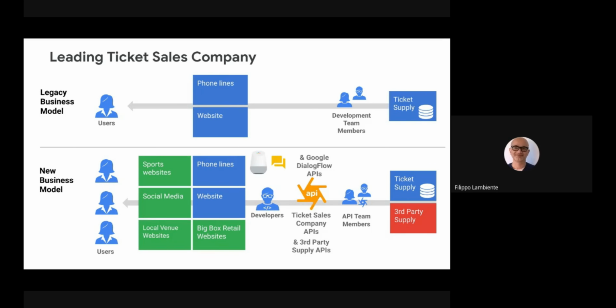And this is because the API basically allows a different speed to onboard a new business model, because the same API is being used by the phone line, by the website, and by the different websites.